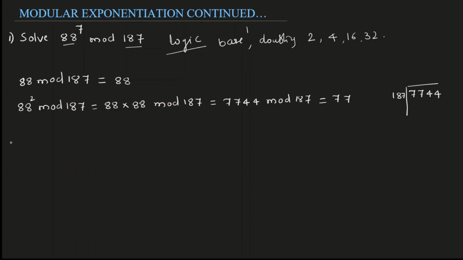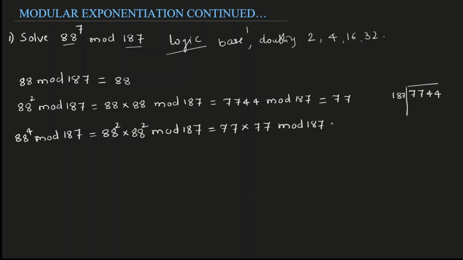Yes. After getting this, now you have to double this. 88 raised to 4 mod 187, then you can write it as 88 square into 88 square mod 187. Yes. Now, for 88 square, what we have got? We have got remainder as 77. Now, you can write it as 77 into 77 mod 187.